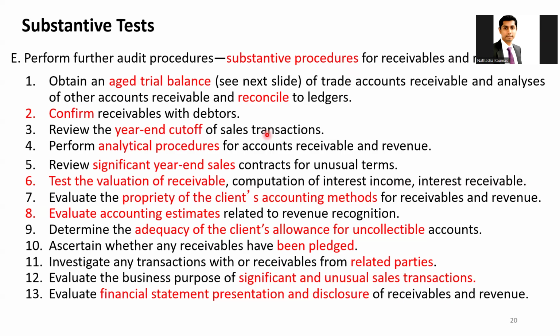Let's say year end, last invoice number is 250. So you are going to check 250th invoice, 249, 248, 247, 246, 245, 244, 243, 242, 241, 240. And then again you go back 251, 252, 253, 254, 255, 256, 257, 258, 259, and 260.